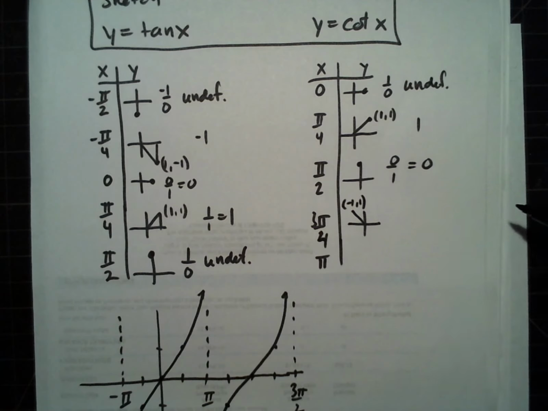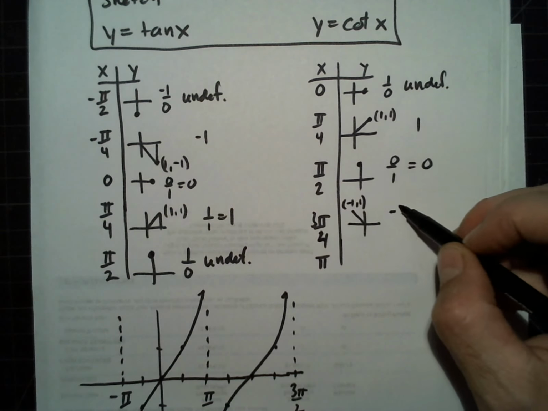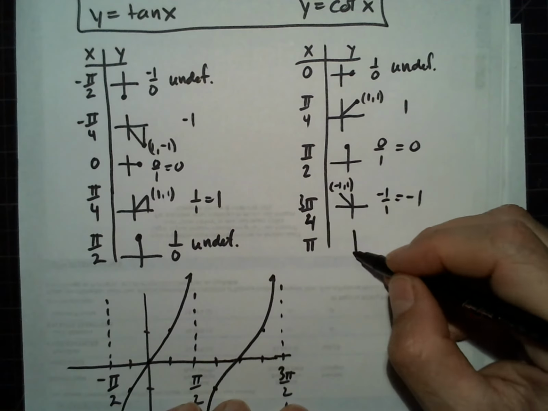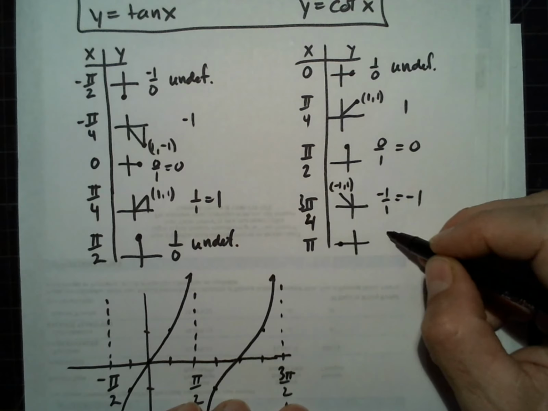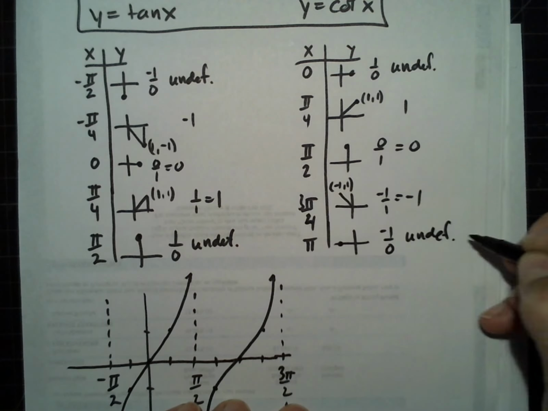Negative 1, 1, and we want x over y. At pi, x is negative 1, y is 0, and that's undefined.